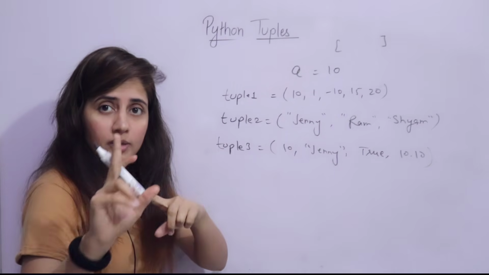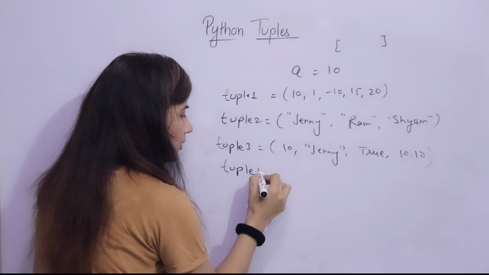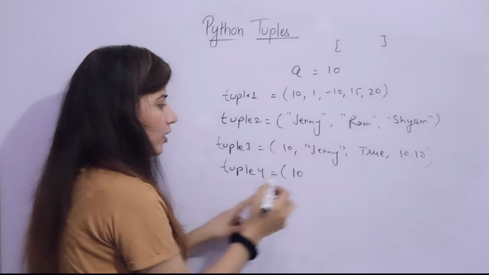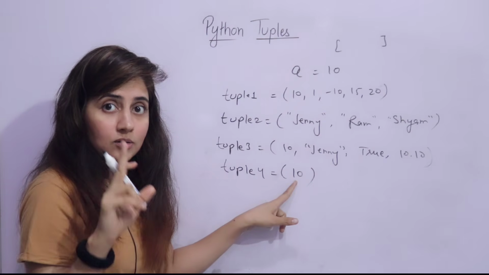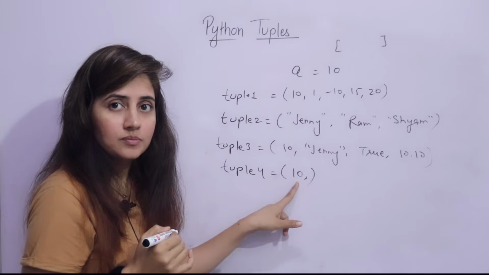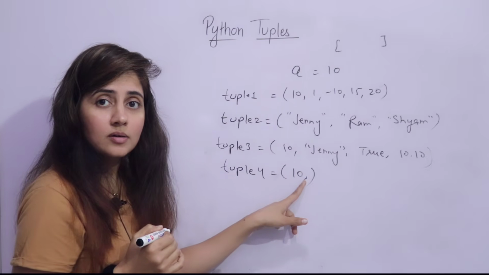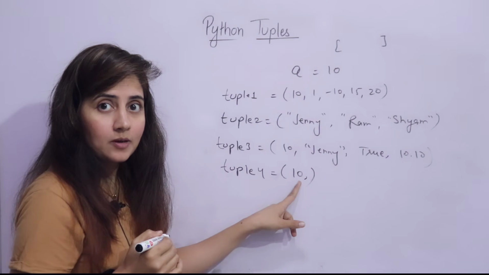Now if you want to create a tuple4 with only one value, this is not correct. The necessary condition is that you have to put a comma after the item. If you do not put this comma, Python will not recognize it as a tuple, right?